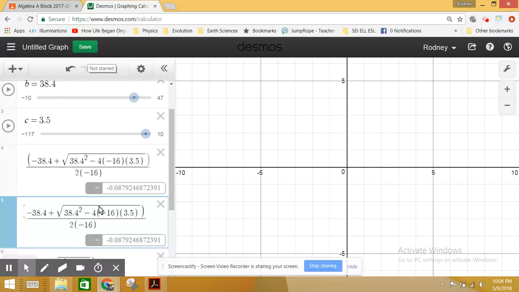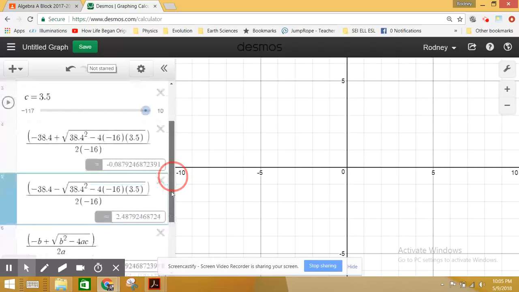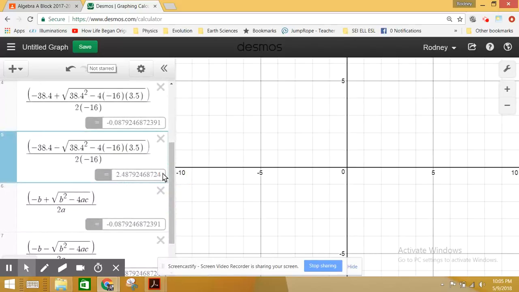So we've got that version, and we need the minus version. This is negative b plus or minus the square root of b squared minus 4ac, all over 2a. Okay, so I now have a positive in seconds, and this is our answer. It's in the future. If I round it to the nearest hundredth, it's 2.49 seconds in the future.